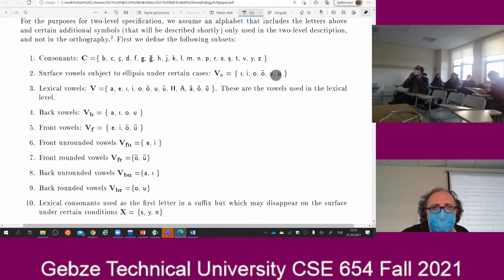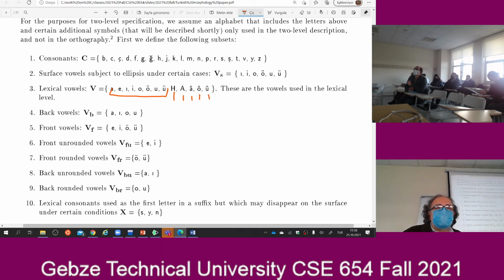These are the surface ones, the vowels that we see on the surface in the text. But these are the vowels that we are going to produce at the lexical level. This first 8 we already have. The meanings of these will be given in a few minutes.